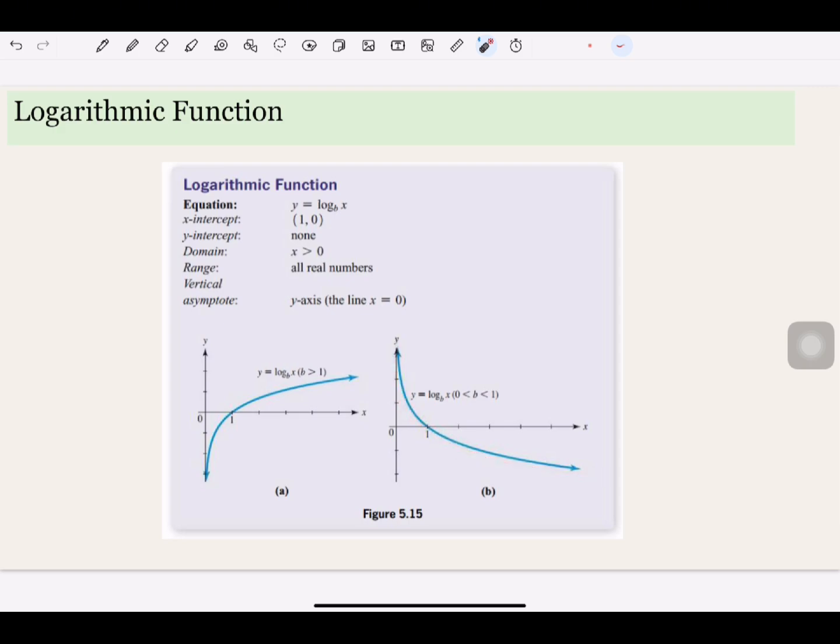In both graphs, the x-intercept is 1 and you will not find any y-intercept. The domain is all positive x values and the range is all real numbers. Here you can find a vertical asymptote, which is the y-axis.